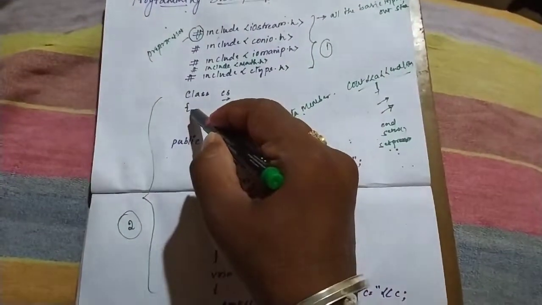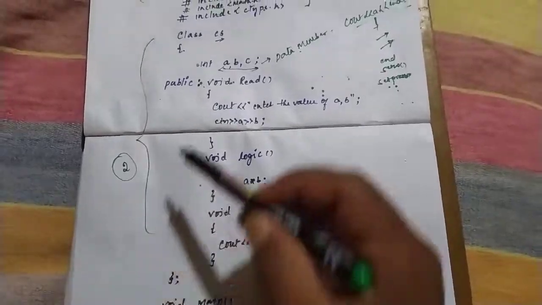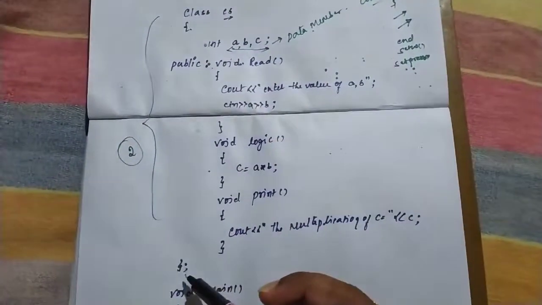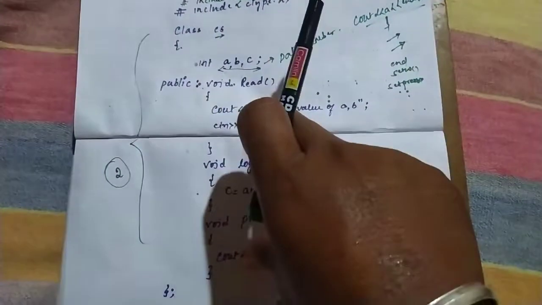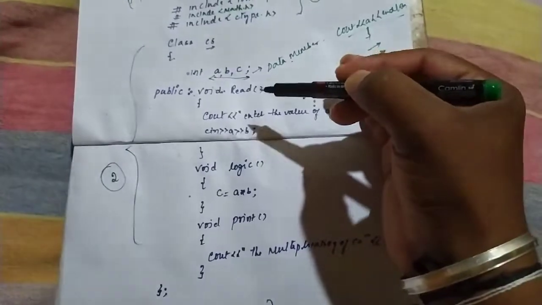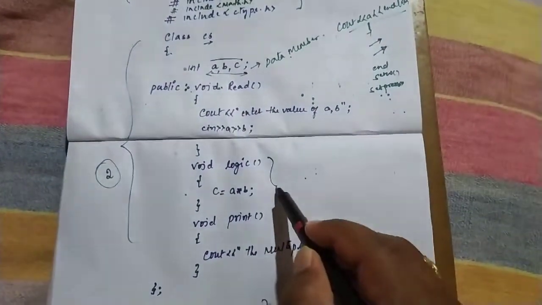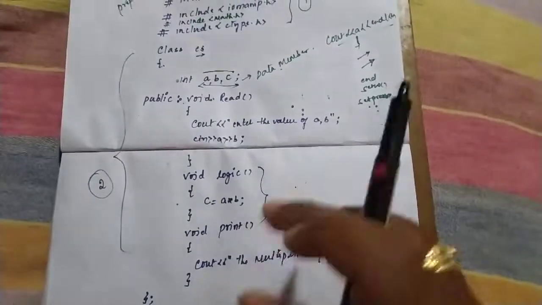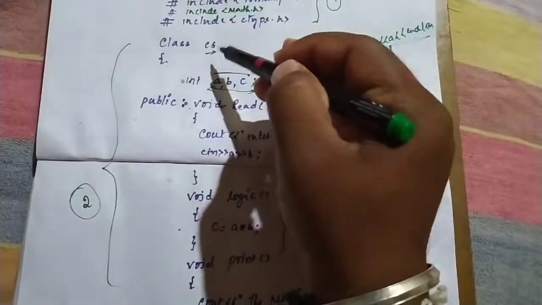See, this is the open flower bracket, this is the closed flower bracket, right? Whatever you define inside the class body refers to a combination of data members and member functions. Put together, we call it a class, the name of the class.